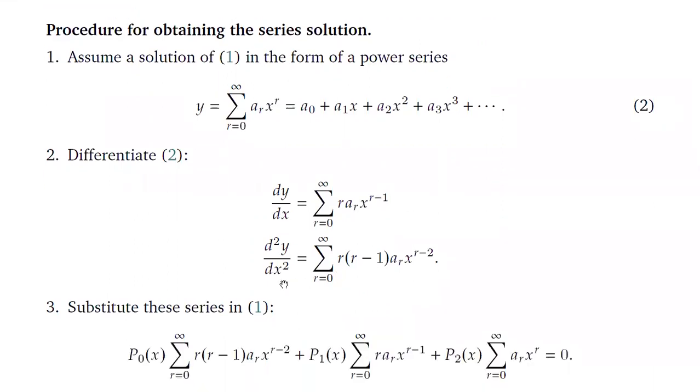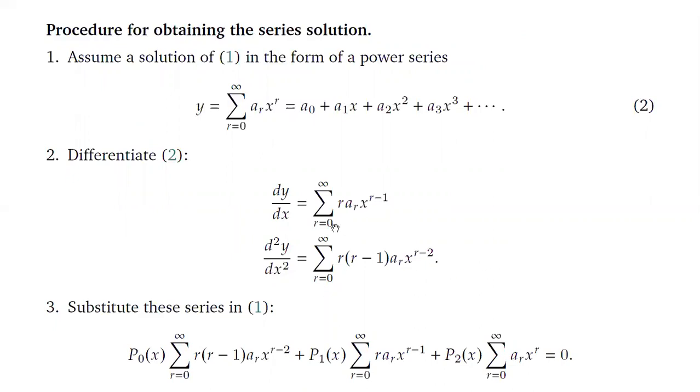And d square y by dx square will be nothing but summation r from 0 to infinity, we are differentiating this term, we get r into ar as constant, and differentiation of x power r minus 1 will be r minus 1 into x power r minus 2.